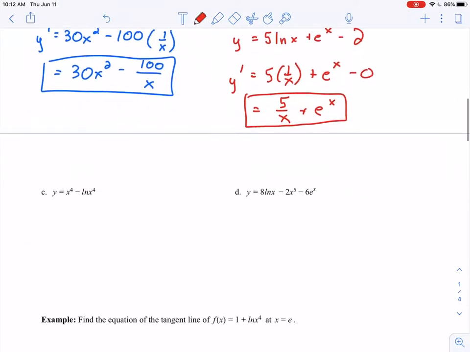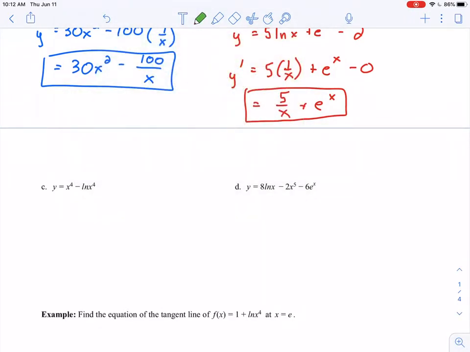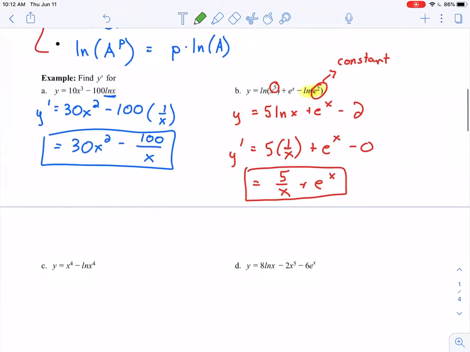A couple more here. I have y equals x to the fourth minus natural log of x to the fourth. So here in this case, again, I see this x to the fourth inside of my logarithm. I want to use that power rule. I want to use this guy right here. So I'm going to say y equals x to the fourth minus, I'm going to bring that 4 down, 4 times natural log of x.